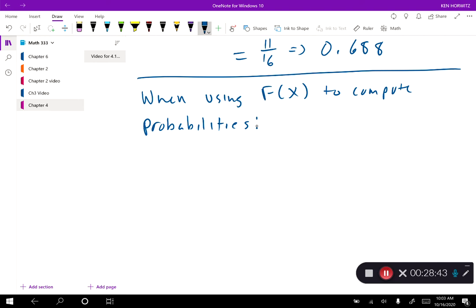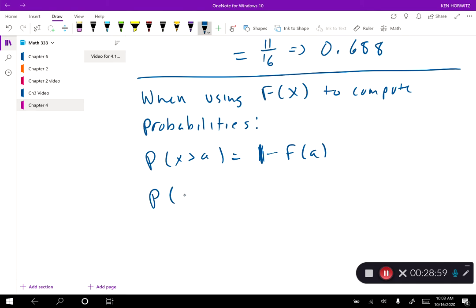That the probability that X is greater than A, you want to do 1 minus big F of A. And these are things that we saw in the last problem.